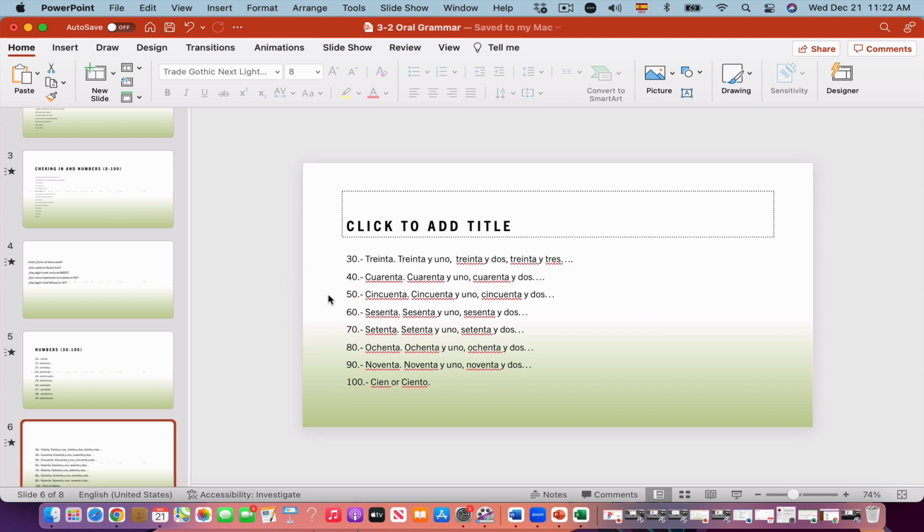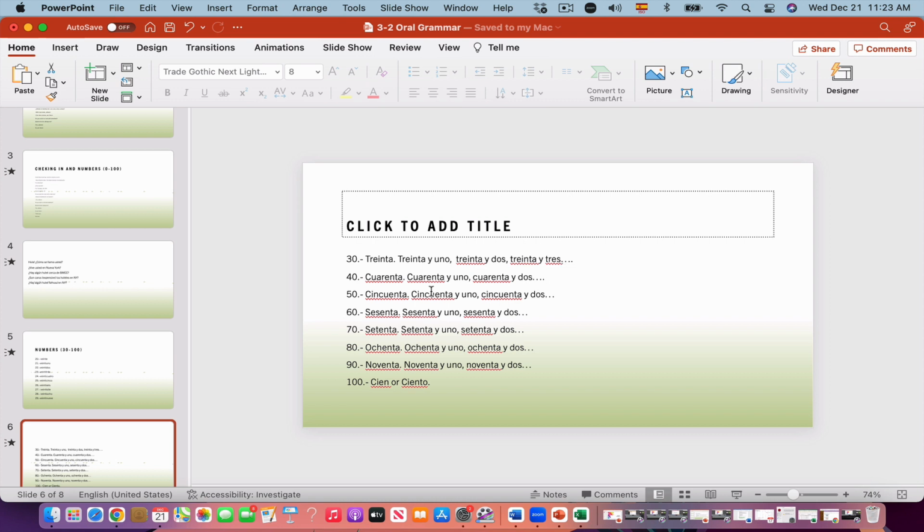The only difference is that after 30, we divide it. So in this case, it's going to be treinta, and remember this word y, we have seen it before, it means and: treinta y uno, treinta y dos, treinta y tres. So you just keep going until you get to 40.